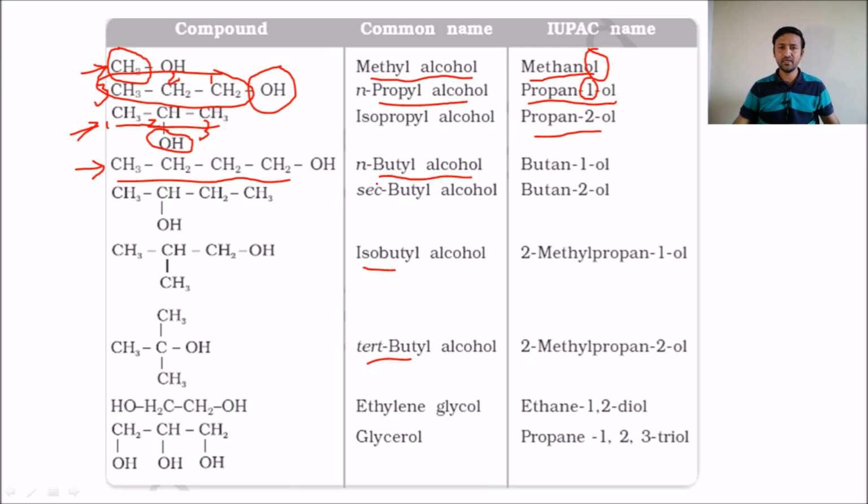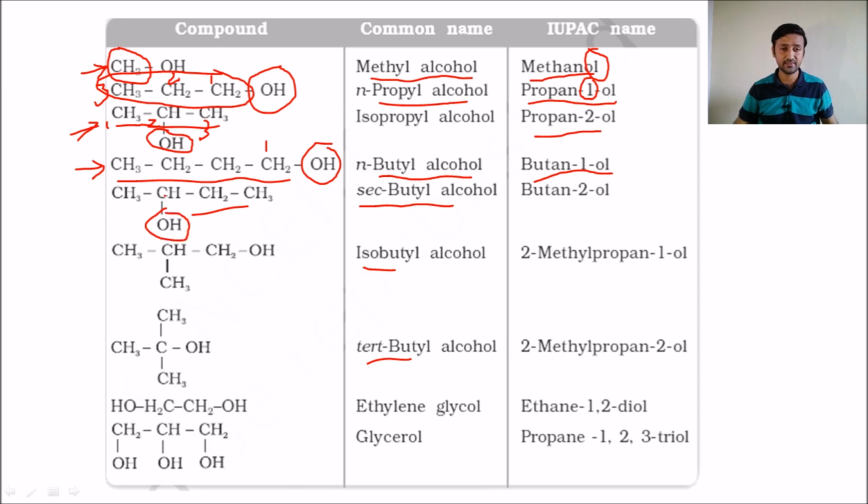If you take the IUPAC name for this molecule, again the same rules apply. On the first carbon we have OH, and it's a 4 carbon chain, so it should be butane 1-ol, or you can even take it as 1-butanol. Take the second example now. This is called secondary butyl. Why is it called secondary butyl? Because you can see OH attached to a secondary carbon.